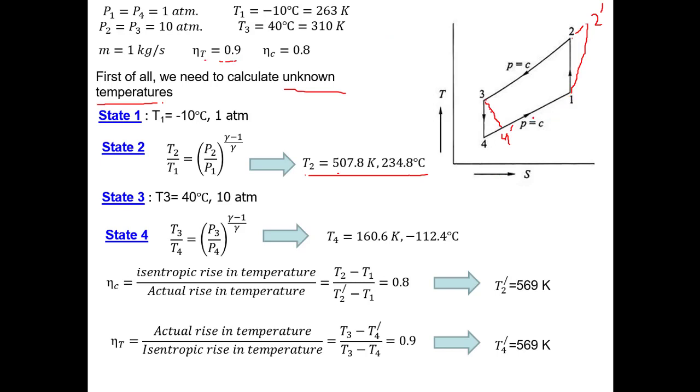The cooling capacity from 4 to 1 is the theoretical maximum possible, but the actual is from 4 dash to 1. That's why I'm using T1 minus T4 dash. If we put all the temperatures, we'll get a value of 87.5 kilowatt. We can also convert to tons of refrigeration by dividing by 3.51.